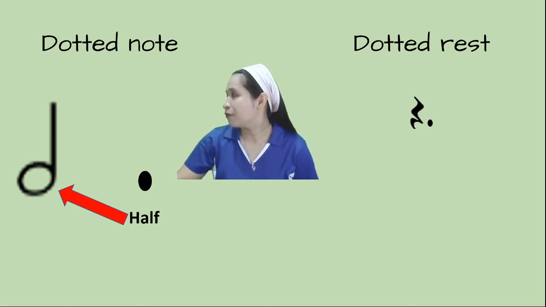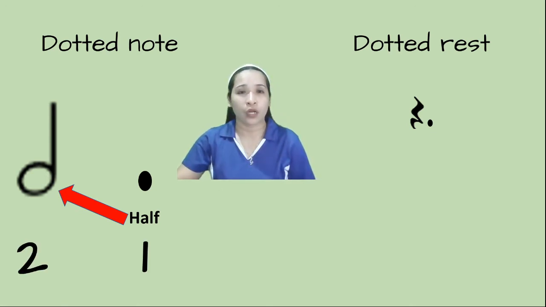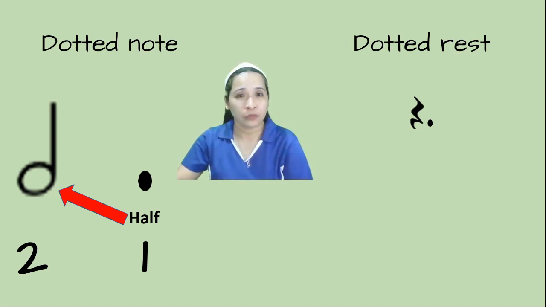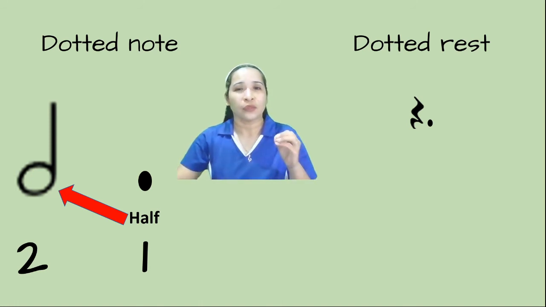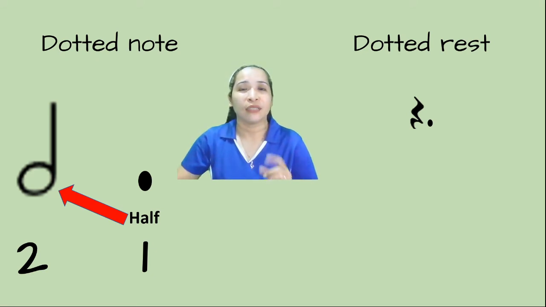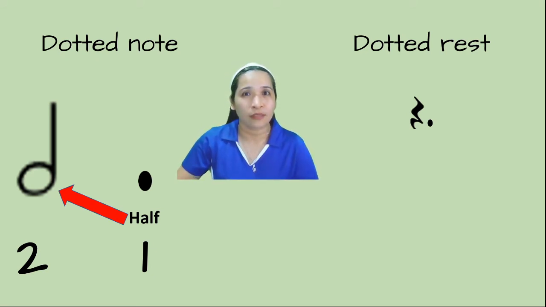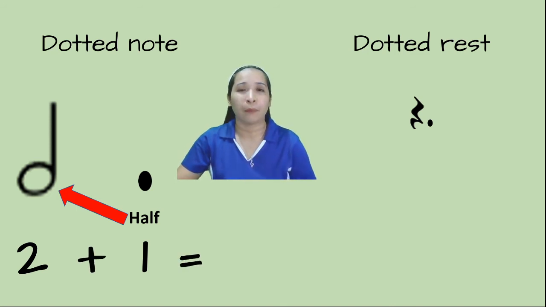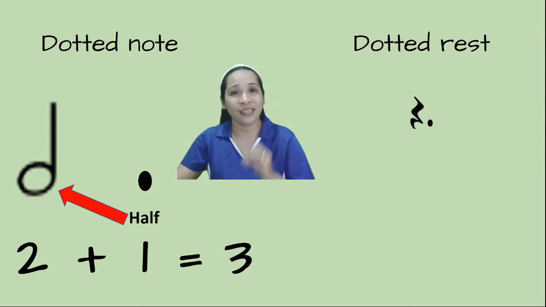So if we have 2 for the half note and then the dot has a value of 1, since 1 is half of 2, and then we add them up, getting the value of 3 for a dotted half note.